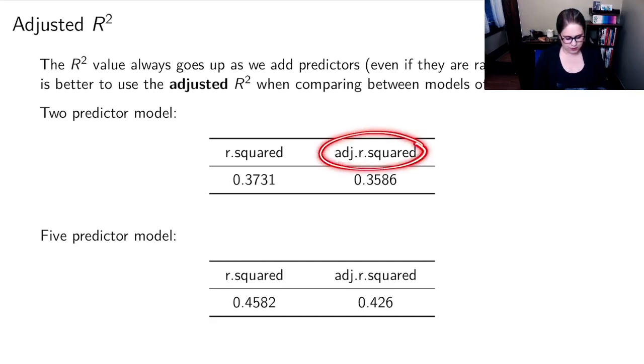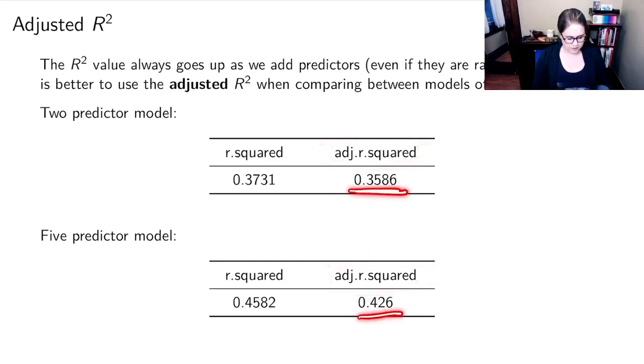And so I've also put the adjusted R squared here, and it looks like even once we've adjusted, the adjusted R squared is still bigger than the adjusted R squared for my 2 predictor model, so maybe my 5 predictor model is actually better. But as the analyst, we should always be thinking about the context and whether we care about that little additional amount of variability being explained.